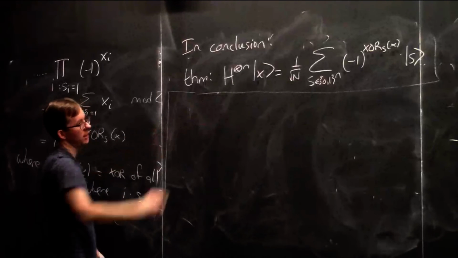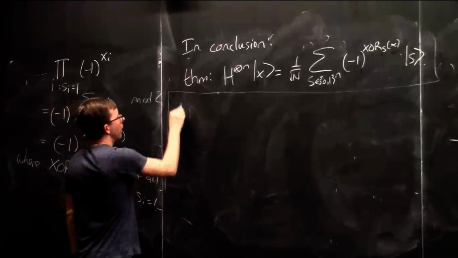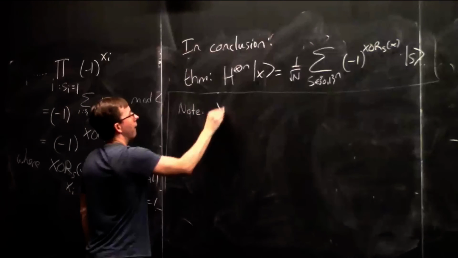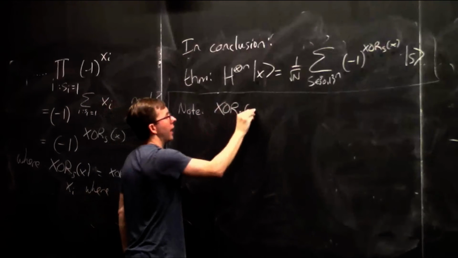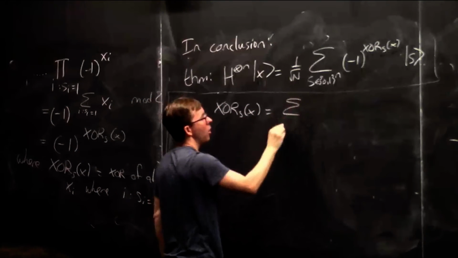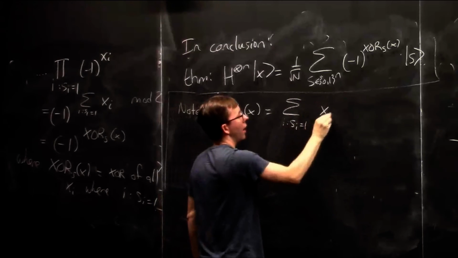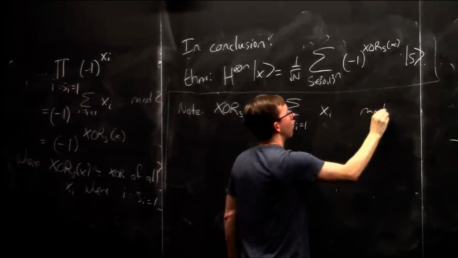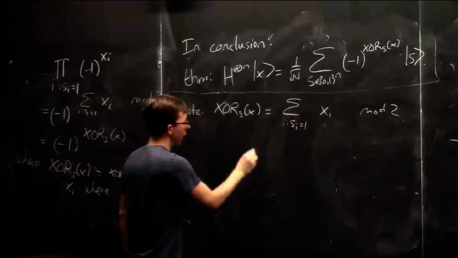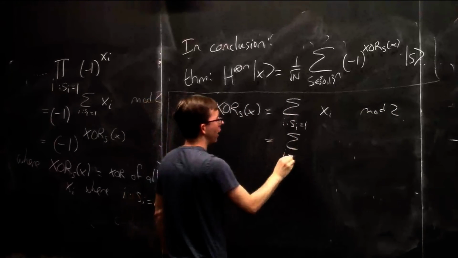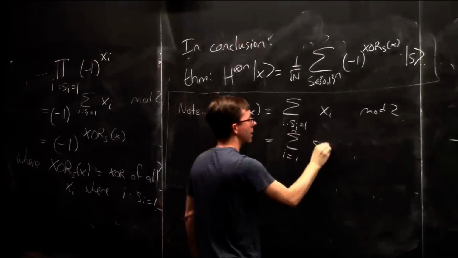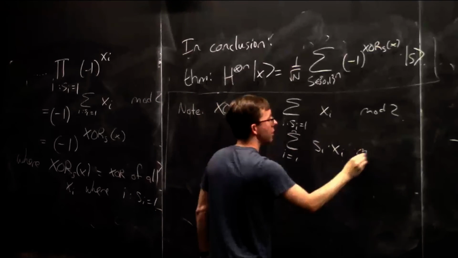Now for some real sleight of hand, before directly plugging this in. So note, XOR sub S of x is, as we saw, the sum over all i such that Si equals 1 of xi mod 2. Which I could also write like this: the sum over all i from 1 to n of Si times xi mod 2.